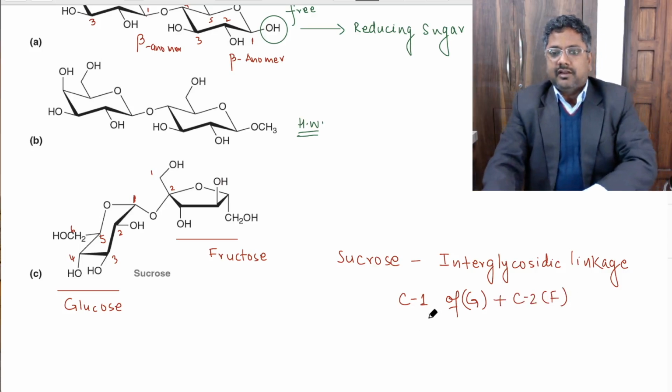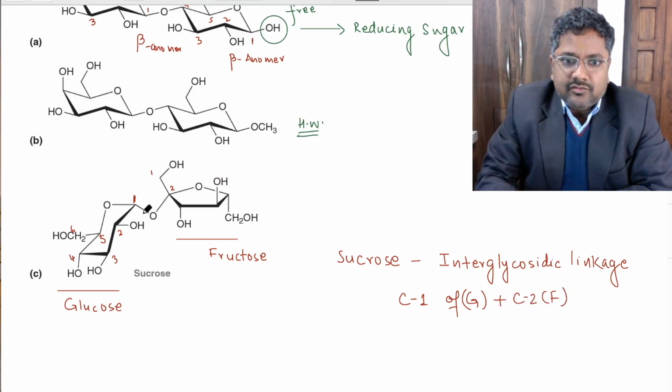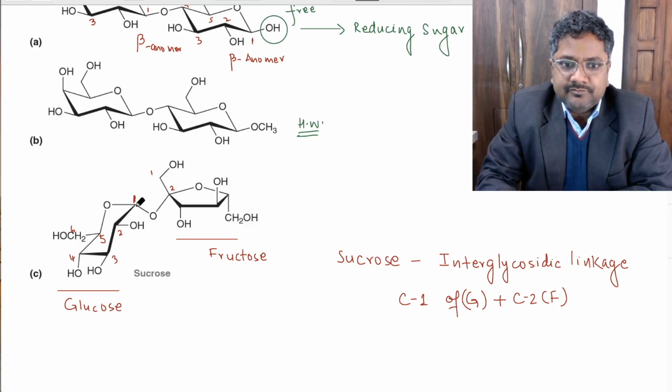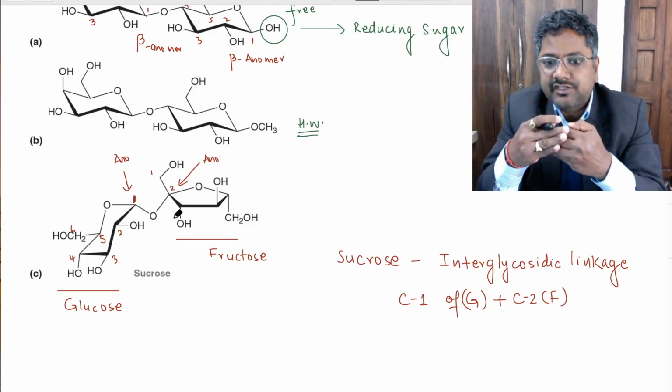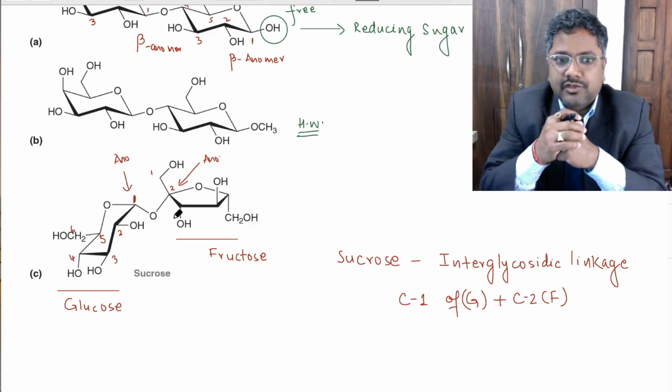C2 of fructose, right? Now decide the configuration of this anomeric carbon. So this is anomeric carbon here, and this carbon number 2 is also anomeric, means both the anomeric carbons condensed with each other in the sucrose molecule.